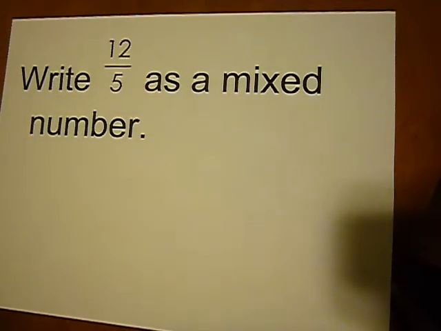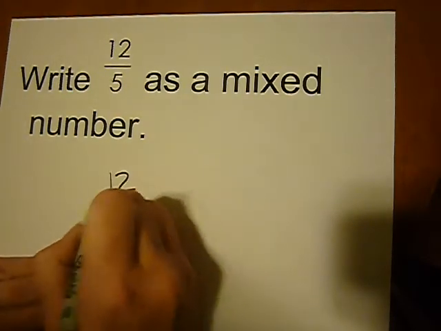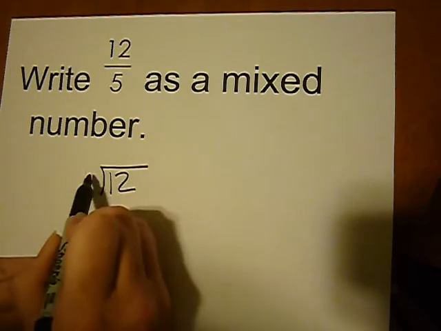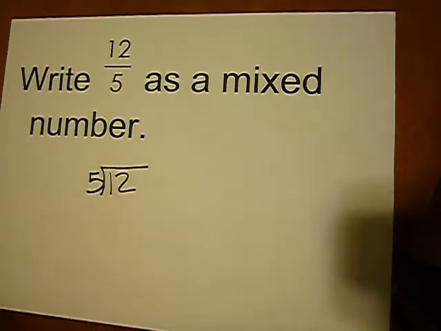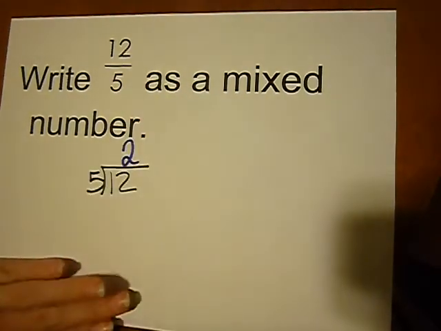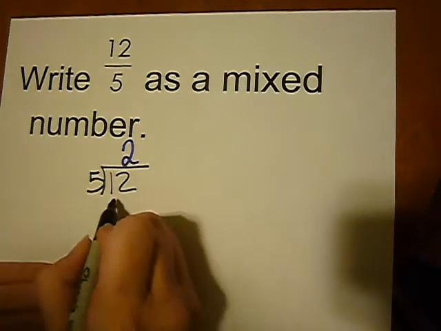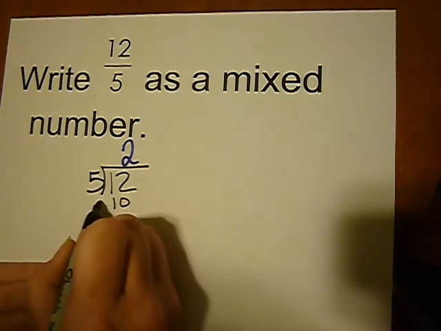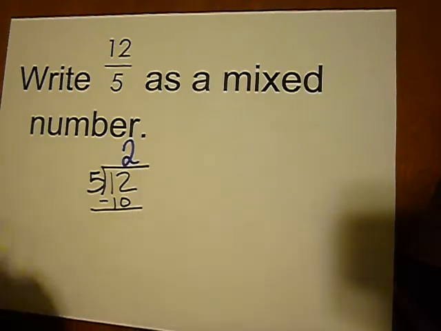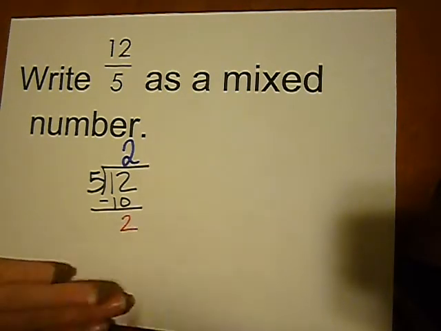We have 12/5, so we're going to work 12 divided by 5. 5 goes into 12 2 whole times, which will use up 10 of our 12 pieces, with 2 pieces left over.